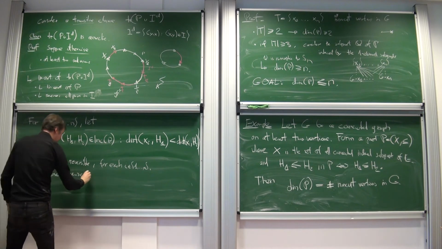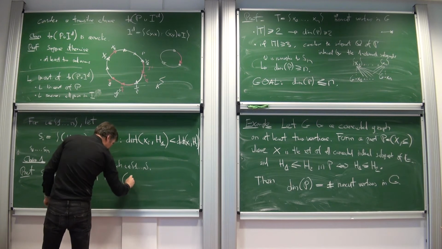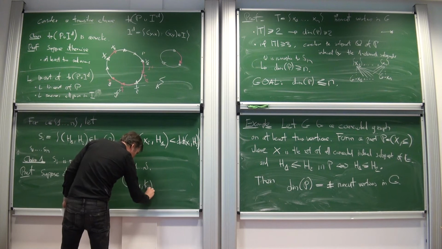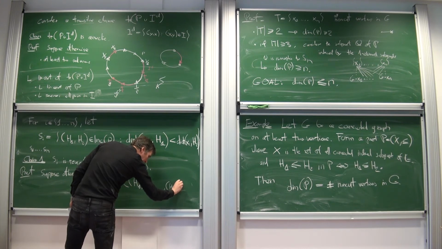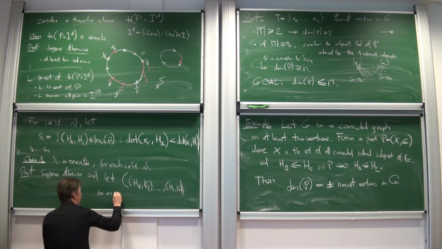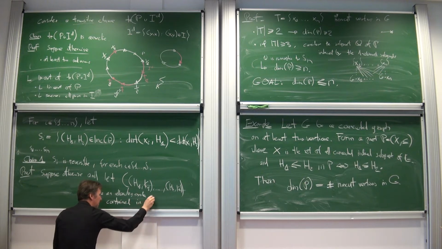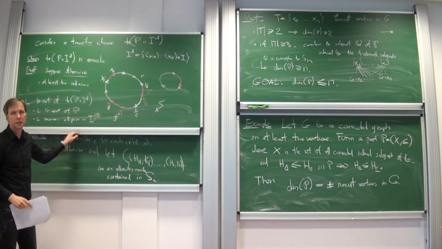And let H1, let's take some other letter, K1 up to Kk, be an alternating cycle, with all pairs contained in Si. So what will be the problem with that?